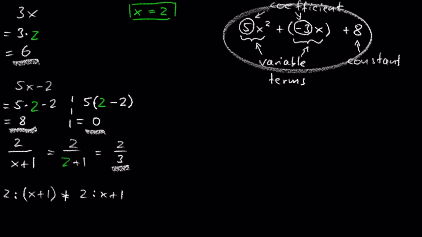In our next example, we have to substitute the 2 in 2 places. Because there are 2 x's in the expression. Remember, you have to substitute the value for x in every spot where x stands.